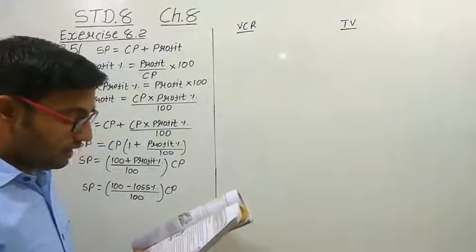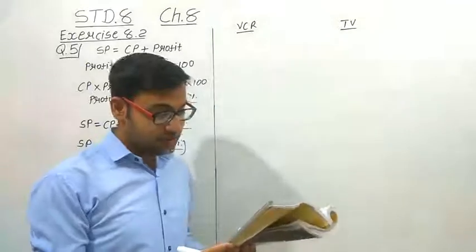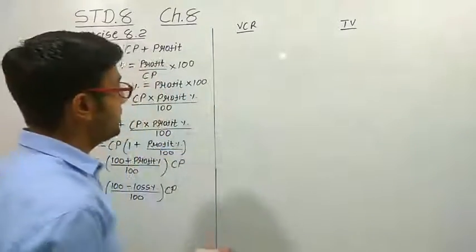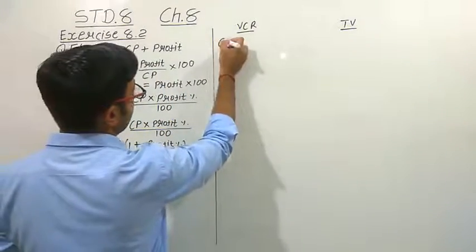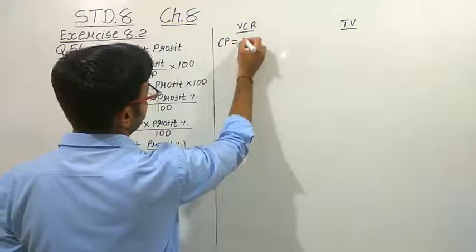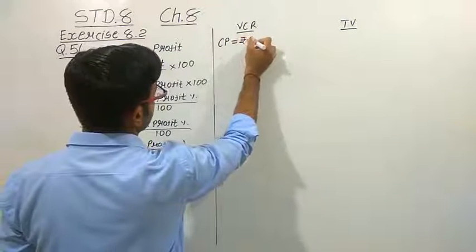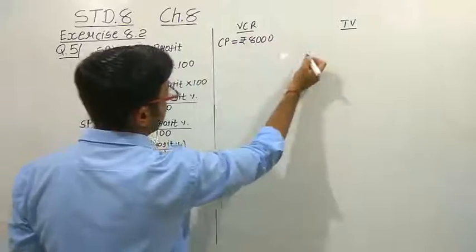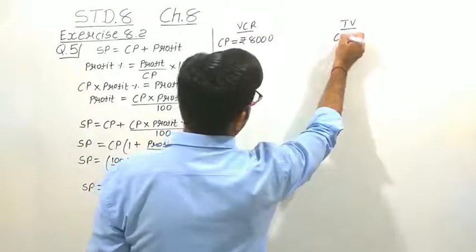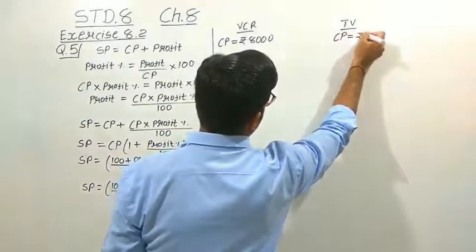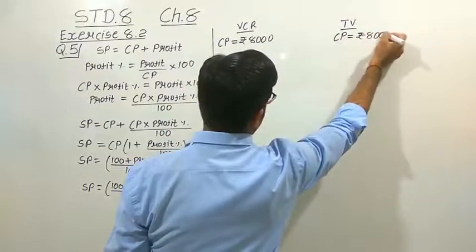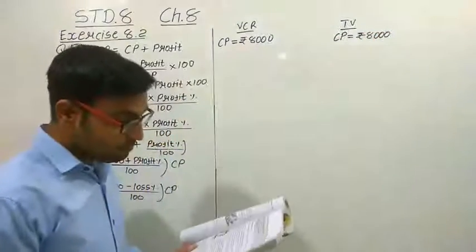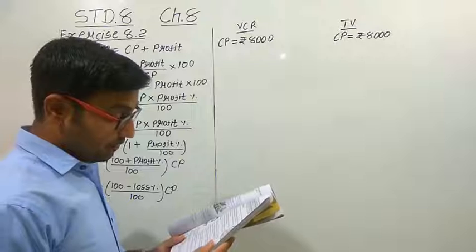Both are bought for rupees 8,000 each, which means the cost price of both these things is the same, that is rupees 8,000. Here also the cost price will remain the same, rupees 8,000, right?